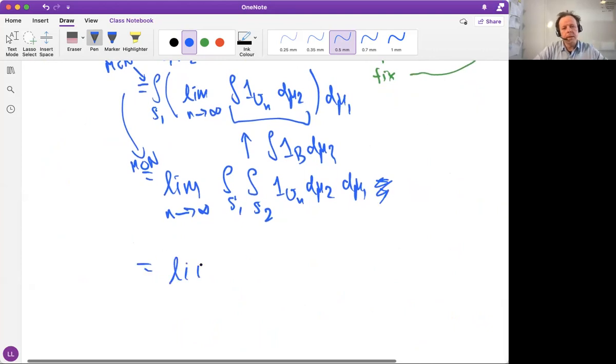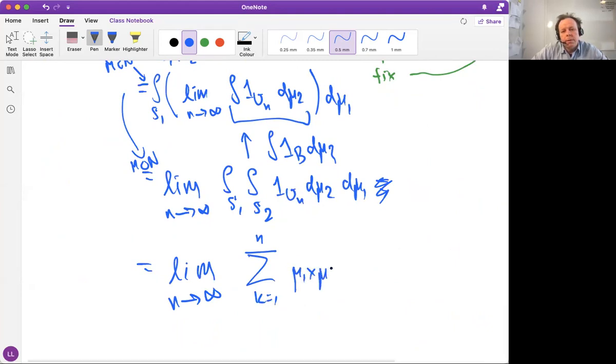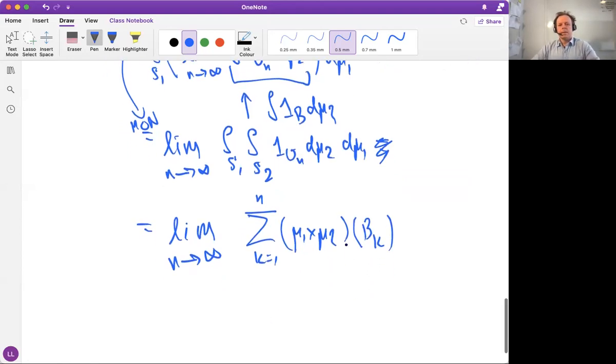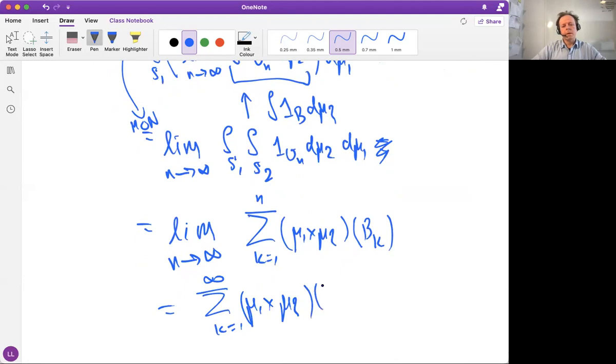We have the limit n to infinity of the sum k from 1 to n of the mu1 times mu2 measure of the set B_k. And these are non-negative things, we are summing, so as n goes to infinity, that is by definition of an infinite sum, the sum over k of the measures of B_k.